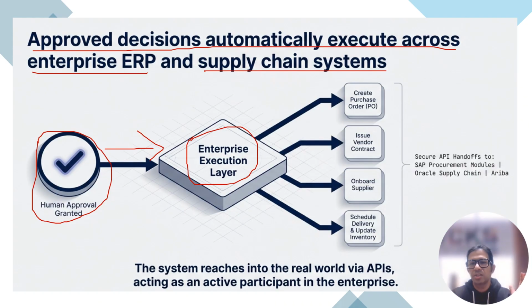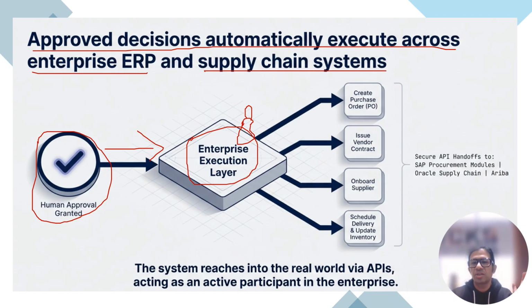Think of it like a secure automation layer that knows how to talk to SAP, Oracle, Ariba, Coupa, and other supply chain systems using controlled API. So here, this is a lock. That lock represents secure execution, authentication, authorization, logging, and idempotency.